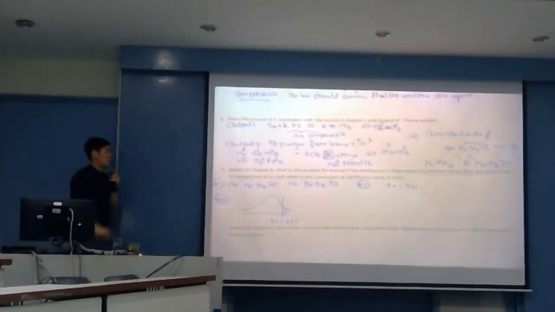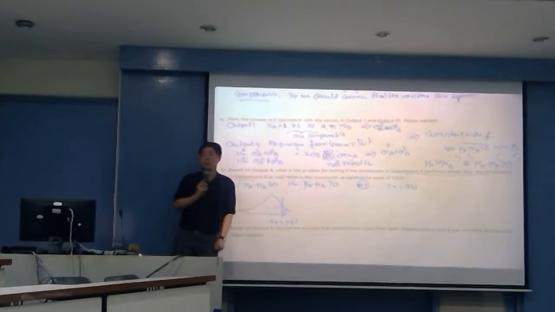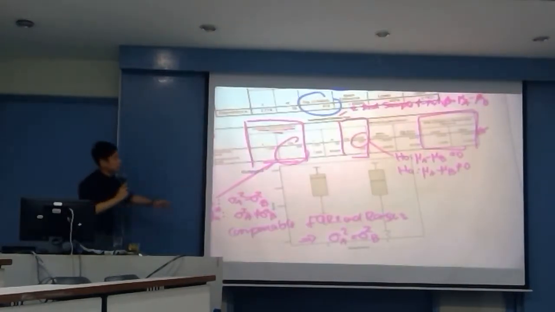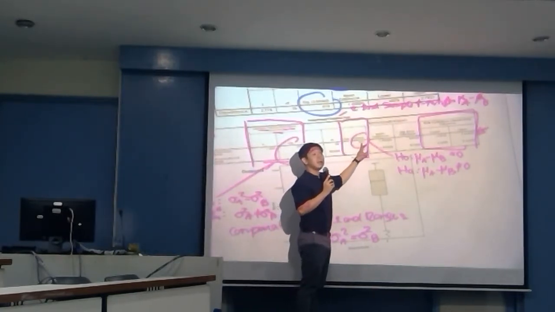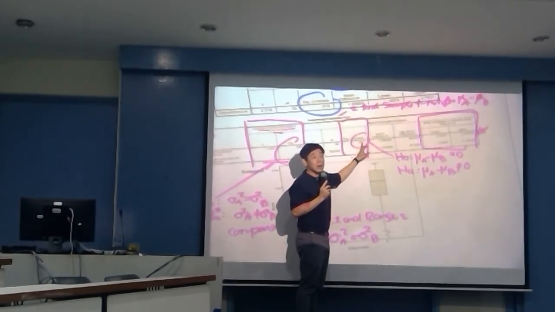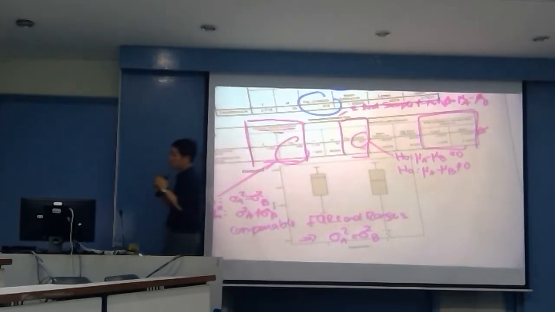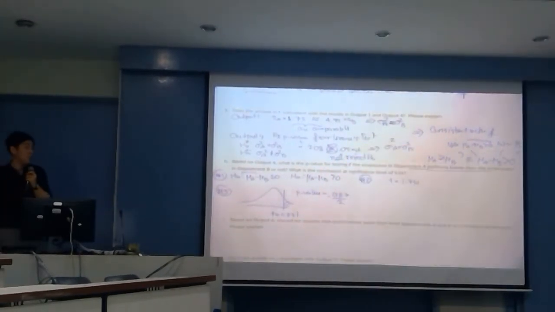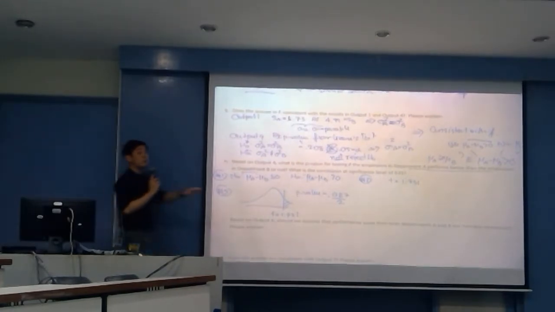Now, how do we get this area? You go back to the p-value on the output. This one is for two-sided. For the smaller one, take half of this. For the larger one, subtract half of this from 1. From the picture, is it the smaller one or the larger one? The smaller one. So the p-value is equal to 0.087 divided by 2. Are we okay with why it's divided by 2?